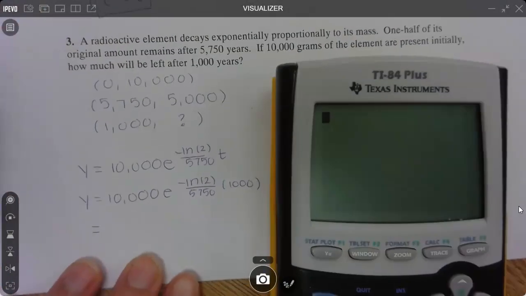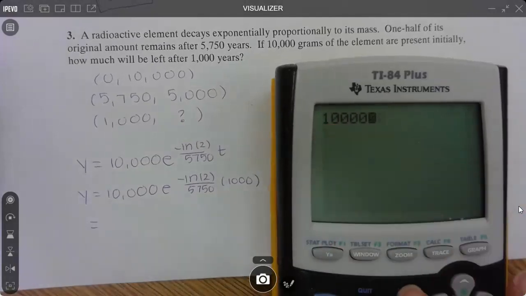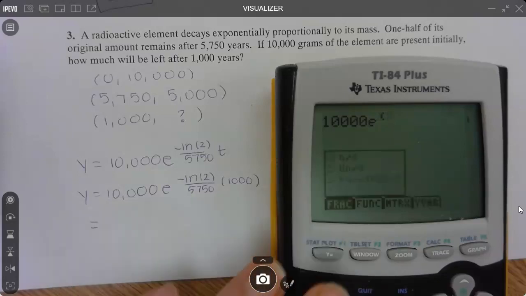So you go to your calculator, type in 10,000 e. I like to put everything in parentheses.